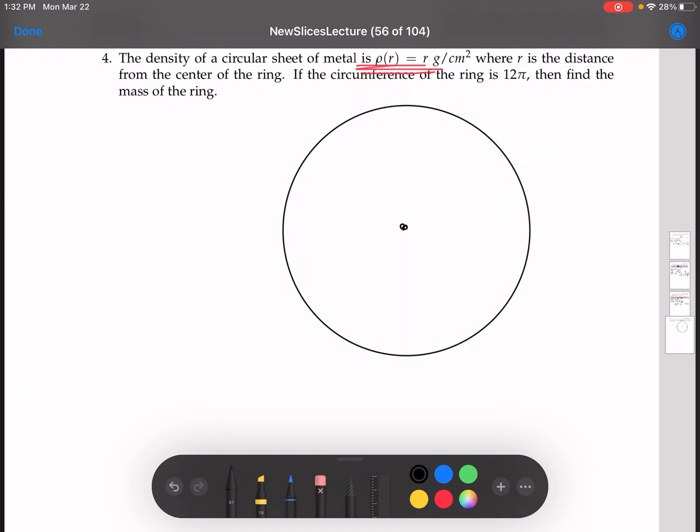From the notes and learning goals, we know that dA is 2 pi r dr, where r is the radius, and we also know that dm is rho of r dA.